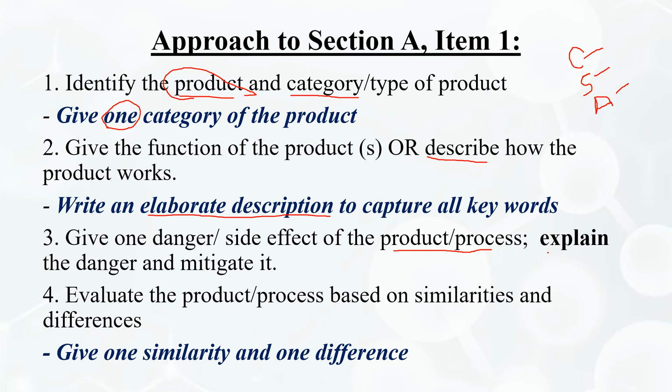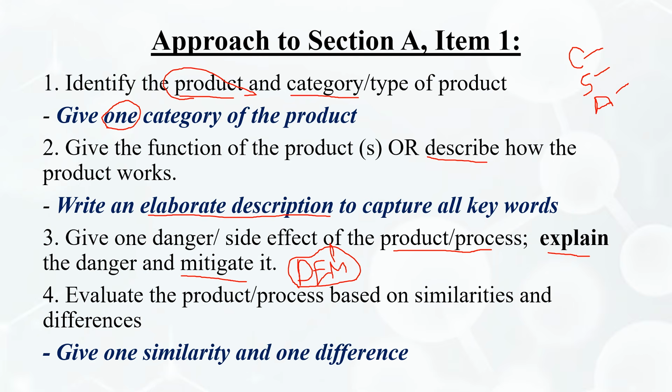You explain the danger and then we mitigate. So we are giving the side effect, and in simple terms, we give the danger, we give the effect, and then we give the mitigation. So I normally summarize this as DEM: danger, effect, and then mitigation.